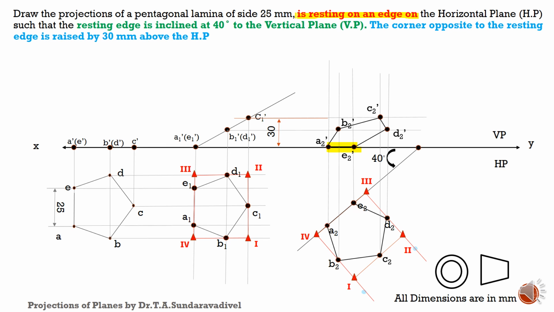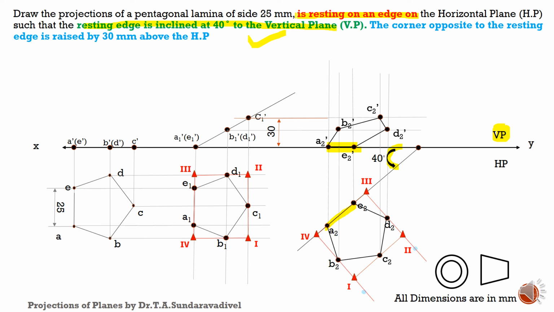Second thing, the resting edge is inclined at 40 degrees to VP. We know that the total space above the XY line is VP. So this is the resting edge. It is inclined at 40 degrees to VP. So the second condition is also solved.